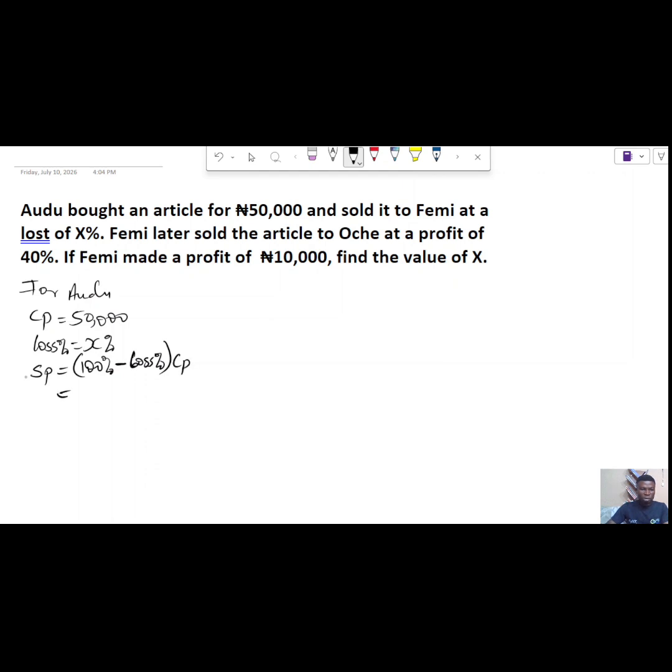This will be equal to 100 minus the loss, x over 100, then close bracket, times the cost price, 50,000 naira, right? And then if we divide, this cancels this, we have bracket 100 minus x, bracket close, 500 naira. So this is the selling price which Audu sold to Femi.